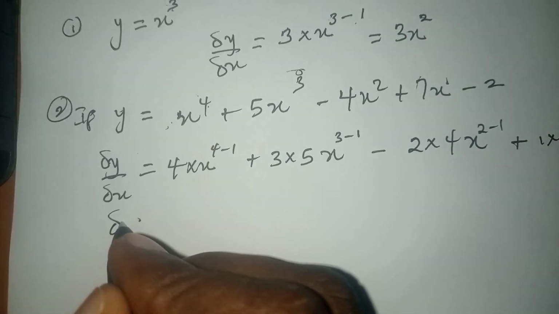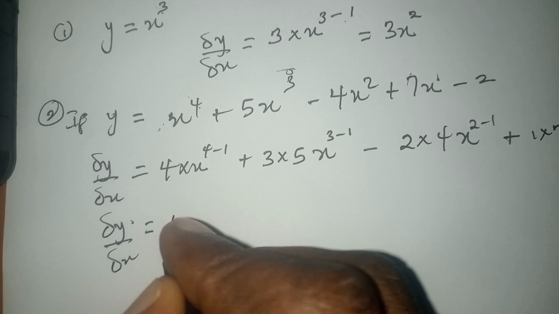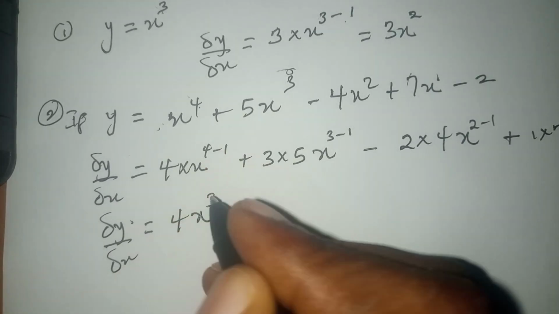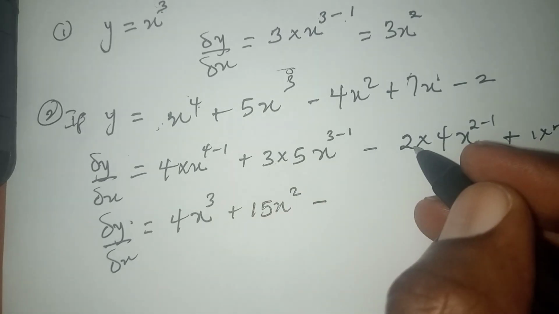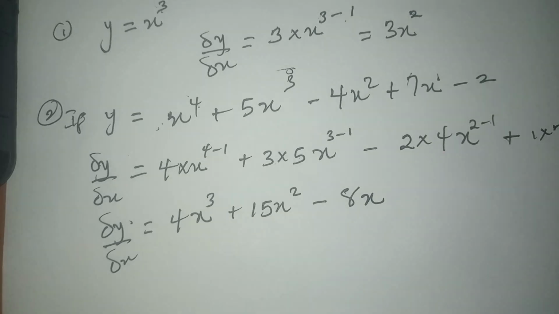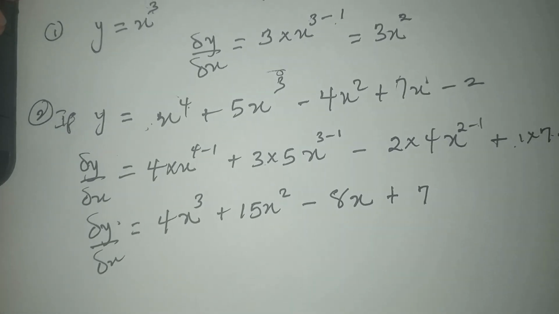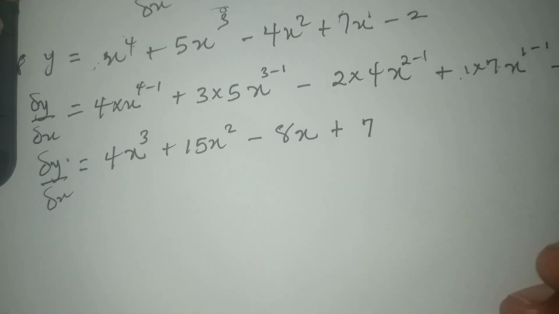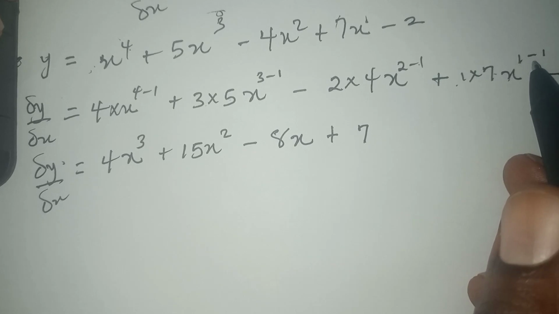So dy dx equals 4x raised to power 4 minus 1, which is 3, plus 3 times 5, 15x squared, minus 2 times 4, 8, x raised to power 2 minus 1, 1. Then plus 1 times 7 is 7. Now 1 minus 1 is 0, so we are going to have x raised to power 0.